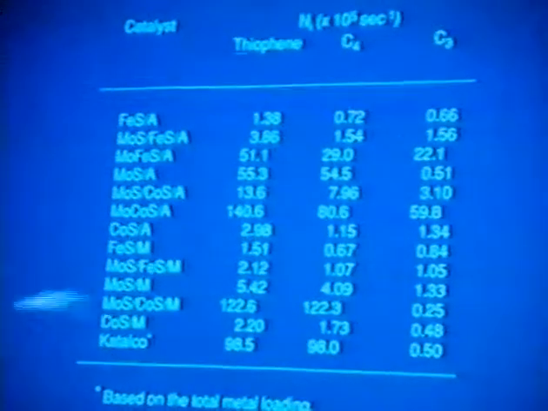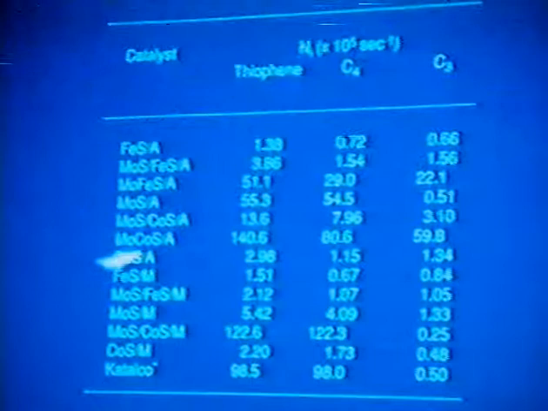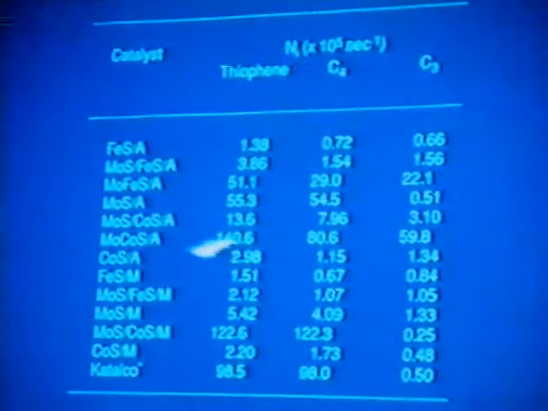The questions raised can in some sense be addressed using the mixed metal clusters. You'll notice that the activities of the mixed metal clusters are much higher, in some cases an order of magnitude more active than either of the bimetallic catalysts or the most active monometallic catalysts.